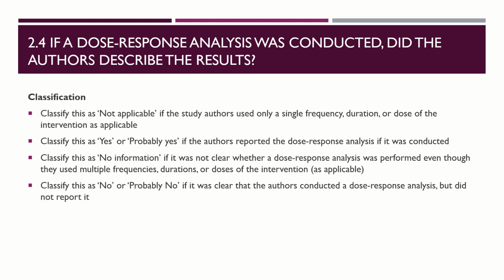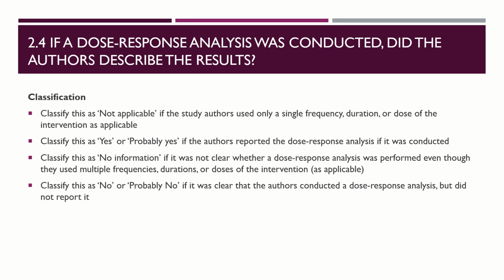Classify this as yes or probably yes if the authors reported the dose response analysis if it was conducted. Classify this as no information if it was not clear whether a dose response analysis was performed even though they used multiple frequencies, durations, or doses of the intervention. So they actually report that they compared multiple doses of the drugs, but they don't report whether a dose response analysis was performed.